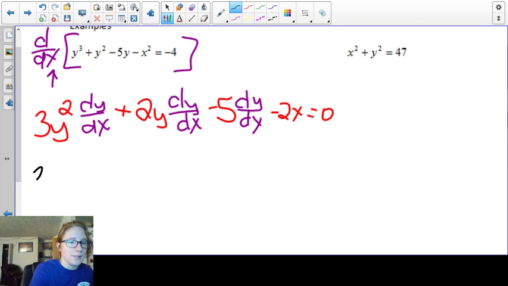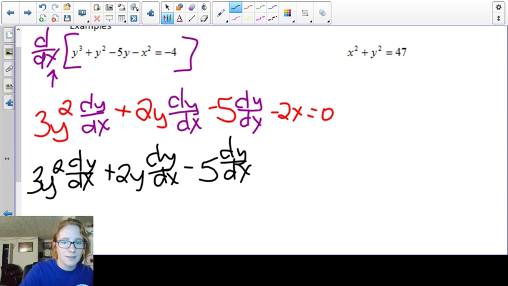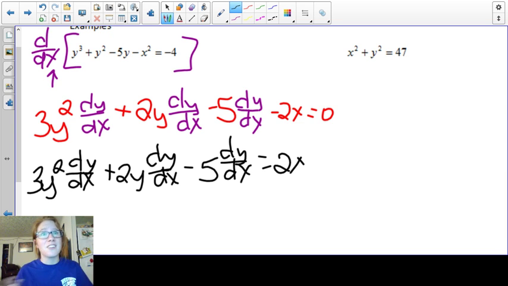So I have 3y squared dy/dx plus 2y dy/dx minus 5 dy/dx is equal to 2x. So all I did essentially in that whole step between step 1 and step 2 is add over that 2x.